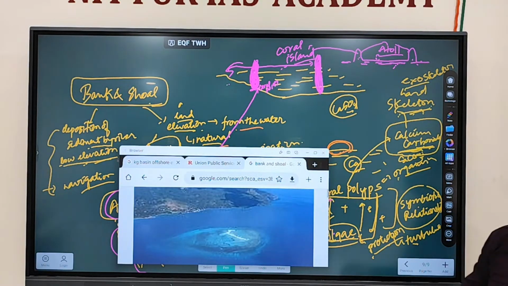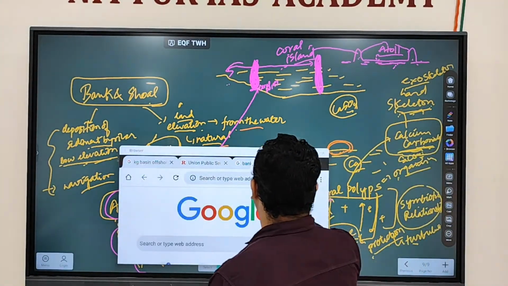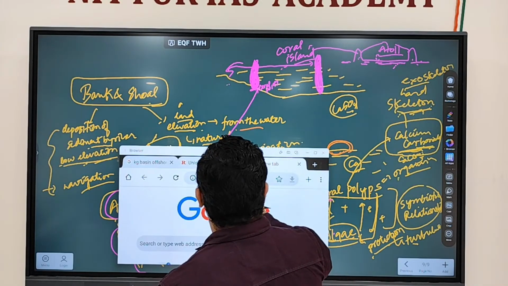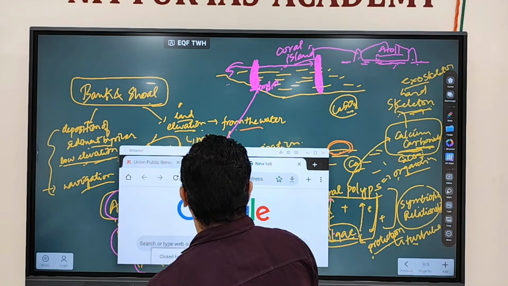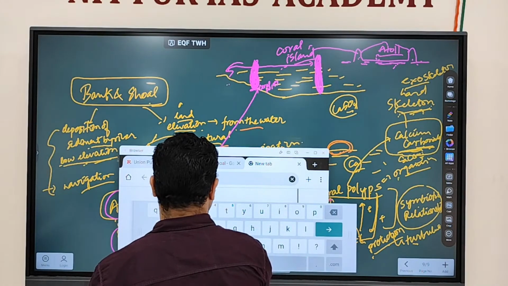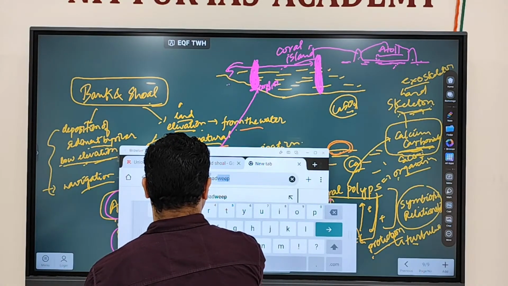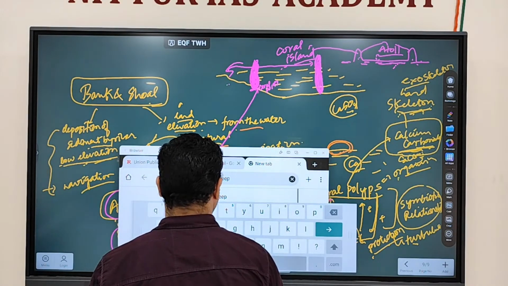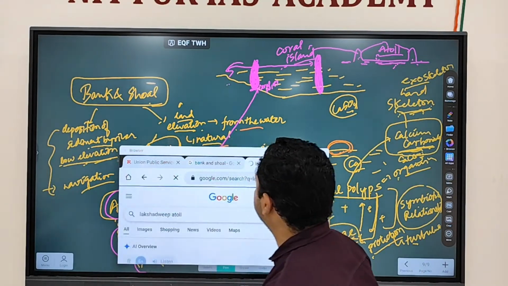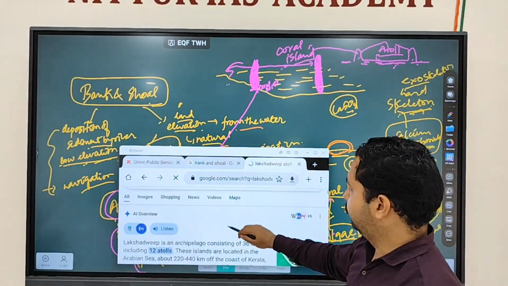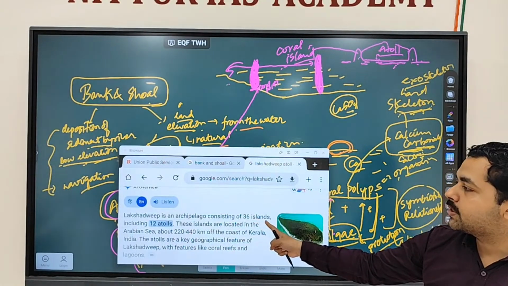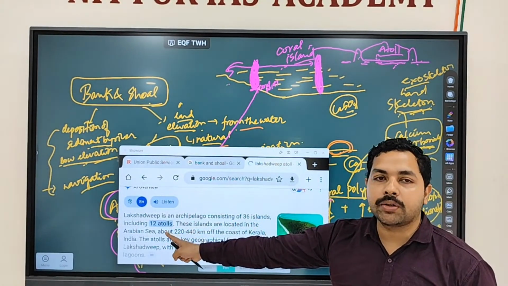If you see this figure, you can see Lakshadweep is an archipelago consisting of 36 islands, including how many atolls?